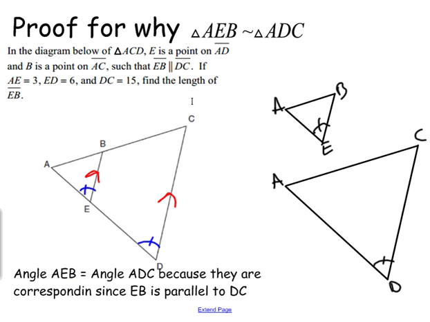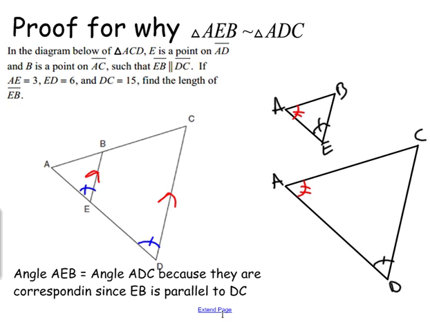So I've got one pair of angles now. The second pair is angle A is congruent to angle A, and that's because of the reflexive property.